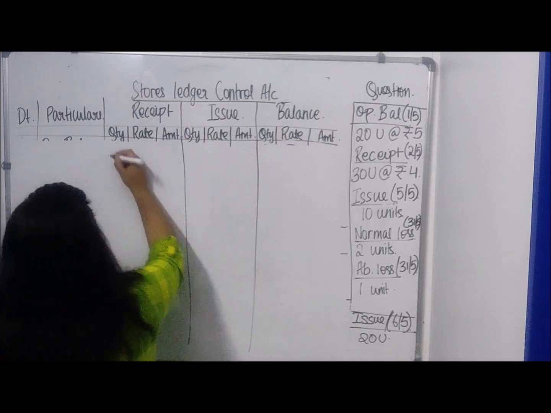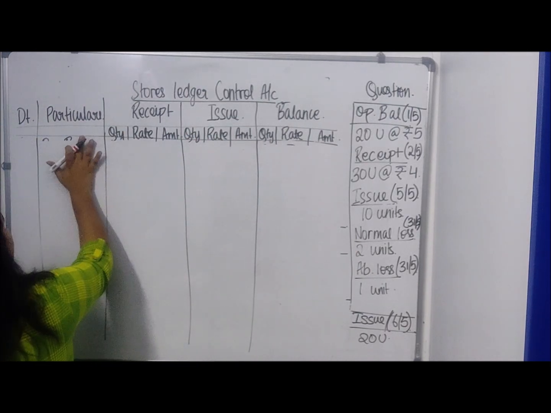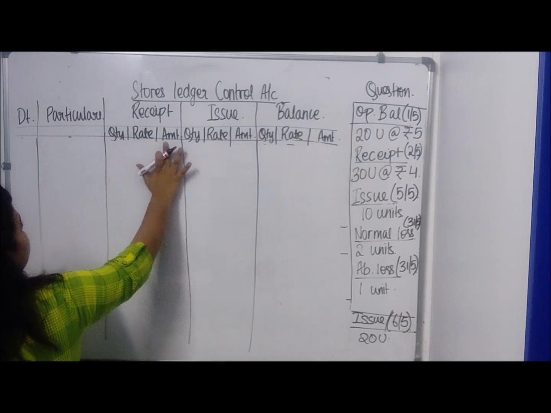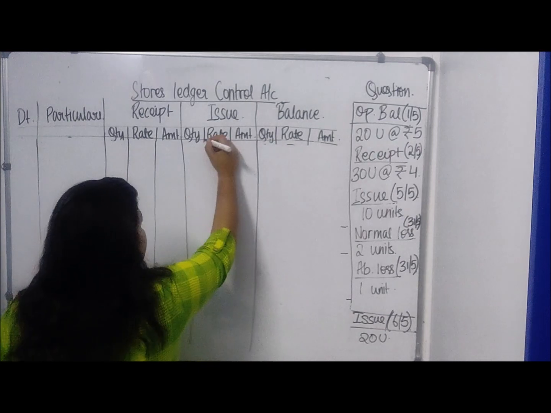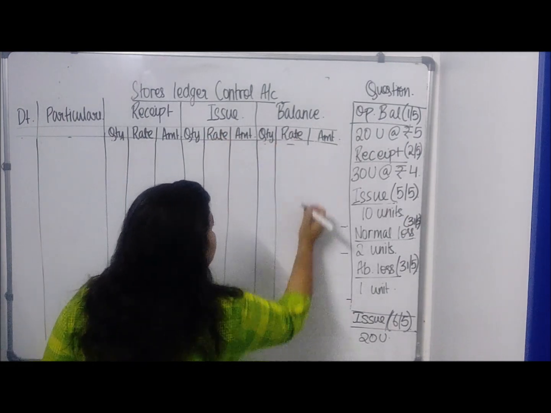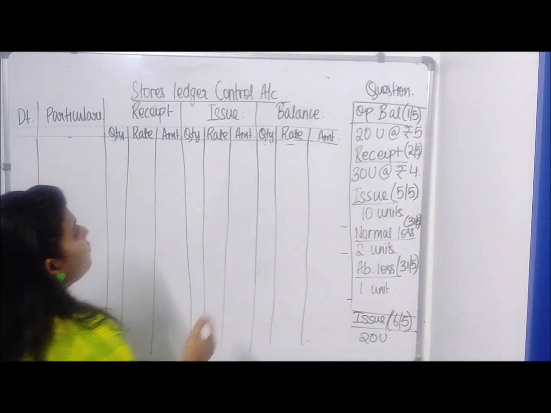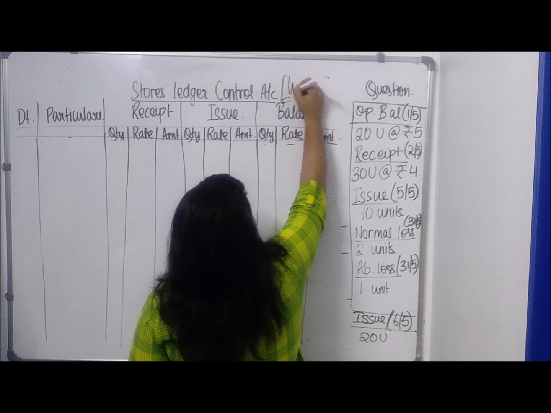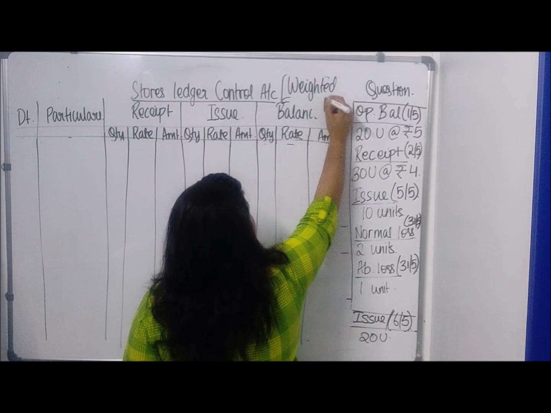It is very important to follow the format. Otherwise, your solution might go wrong. Yeah, this is our format again, and we are going to do it under weighted average.